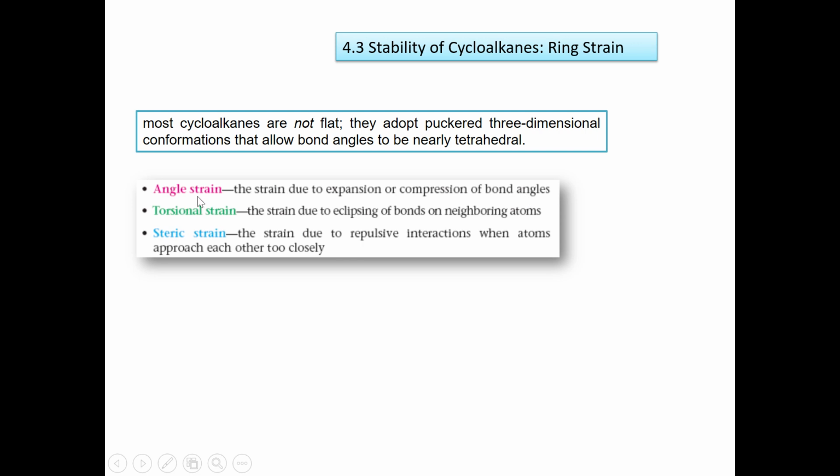We can talk about torsional strain, the strain due to the eclipsing of bonds on neighboring atoms. Steric strain, the strain due to the repulsive interactions when atoms approach each other too closely. Basically, angle strain only occurs in C3, C4. Torsional strain and steric strain occur between C7 and C11.